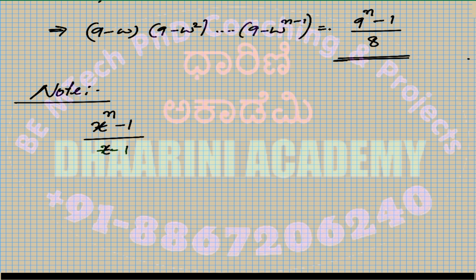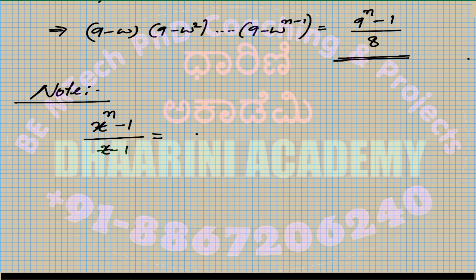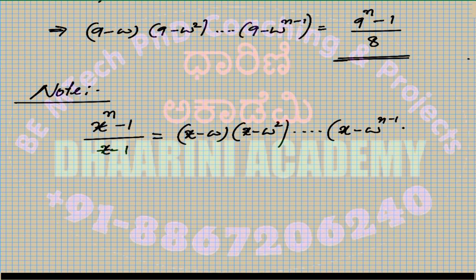So that's what this is: x to the power n minus 1 by x minus 1. This has to be equal to x minus omega, x minus omega squared, up to x minus omega to the n minus 1.